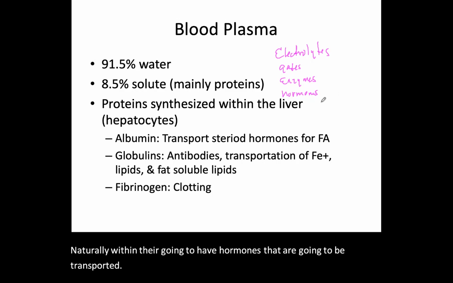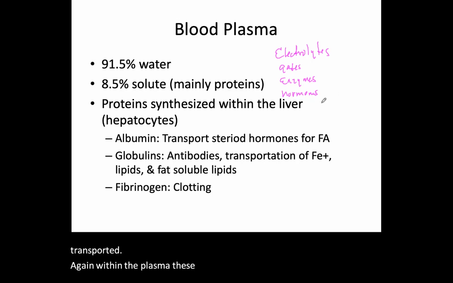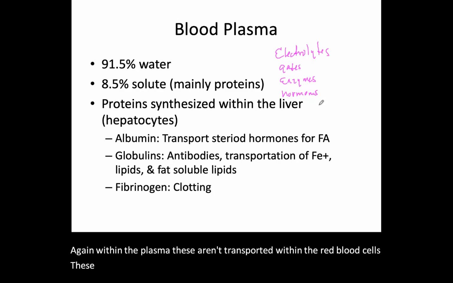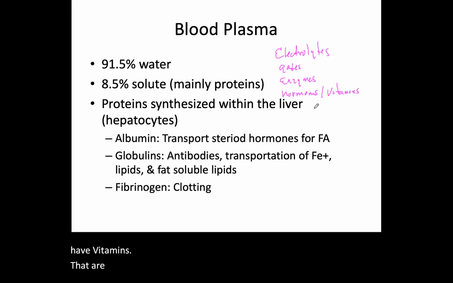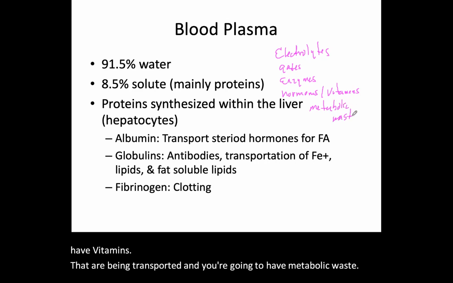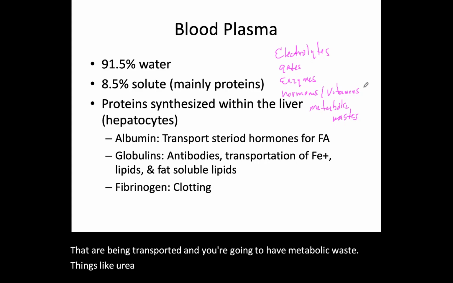Again, within the plasma, these aren't transported within the red blood cells. These are going to be transported within the plasma. You're going to have vitamins that are being transported, and you're going to have metabolic waste. Things like urea, things like creatinine.